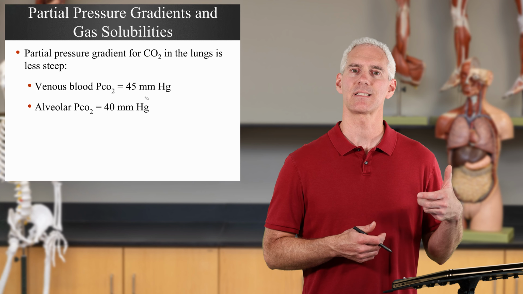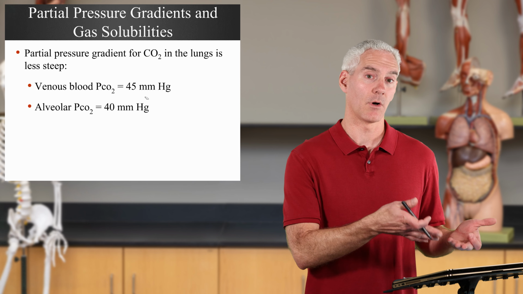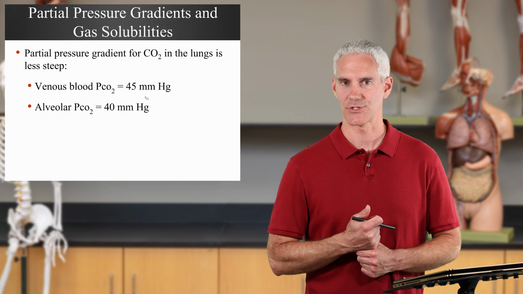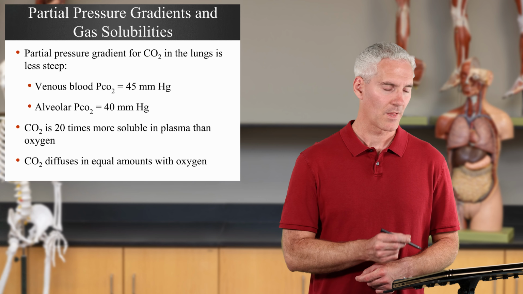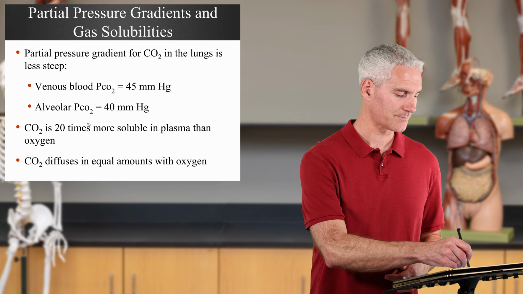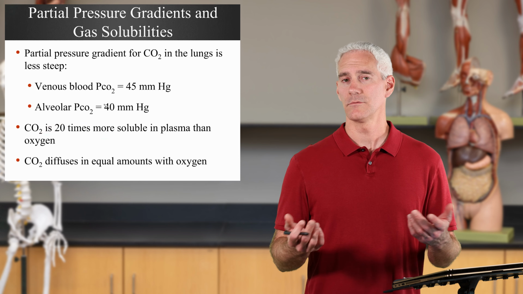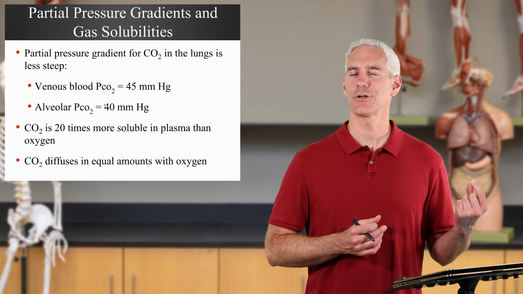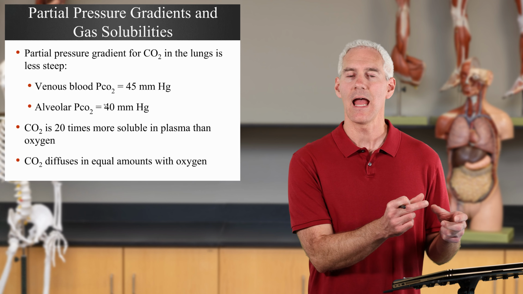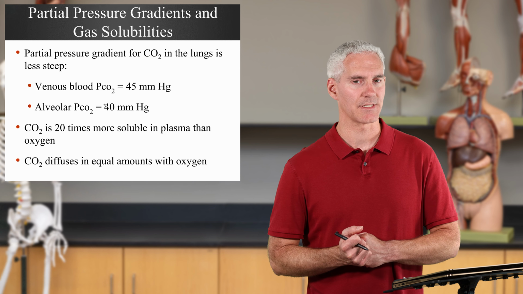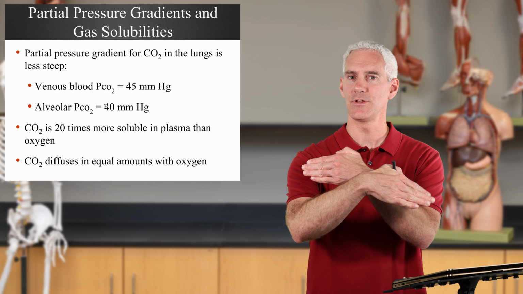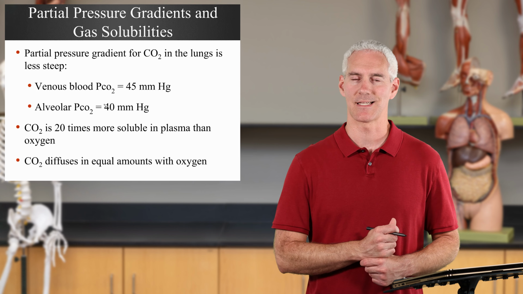So that increased solubility is helping the lower gradient be equivalent to the larger gradient of oxygen. So that 20 times solubility is what makes up the difference. Overall though, because of the higher carbon dioxide solubility paired with the lower gradient, and then the lower oxygen solubility paired with the higher gradient, both are diffusing and exchanging at about the same rate.